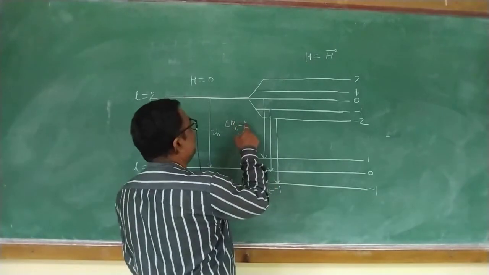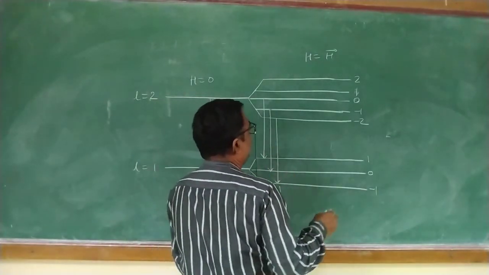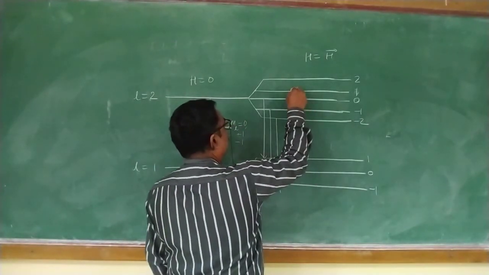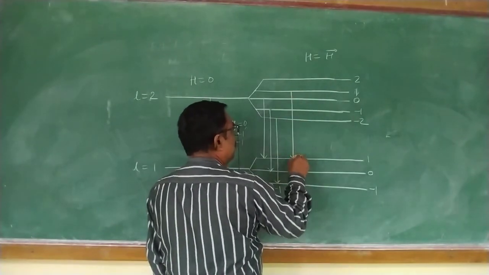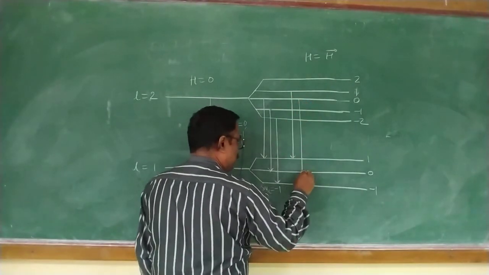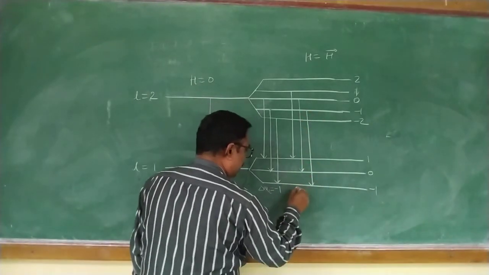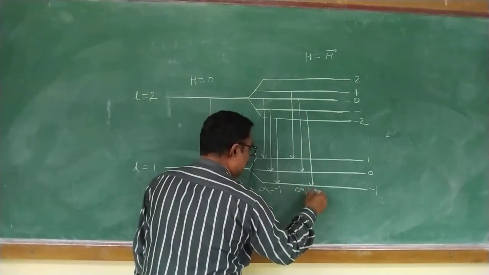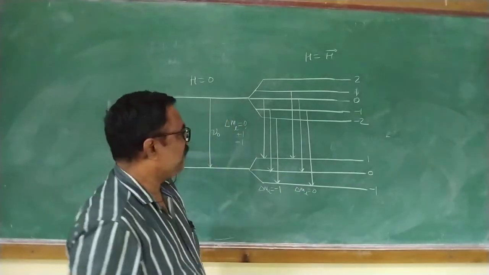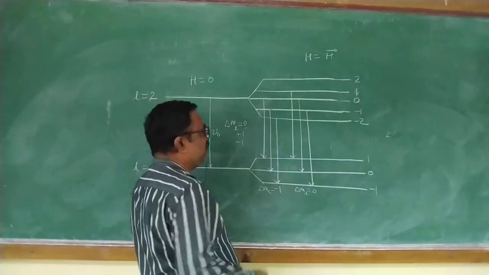Next we'll see delta ml is equal to 0. Delta ml is equal to 0 means it is 1 to 1, 0 to 0 and minus 1 to minus 1. So this is delta ml equal to 0. Next we'll see delta ml is equal to plus 1.